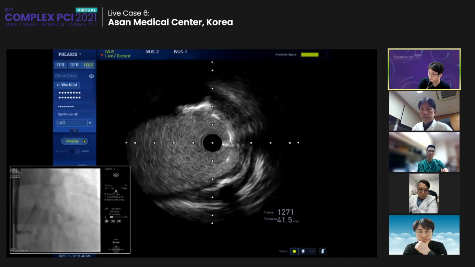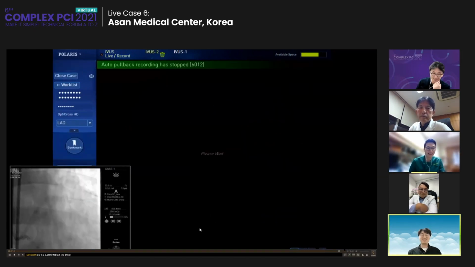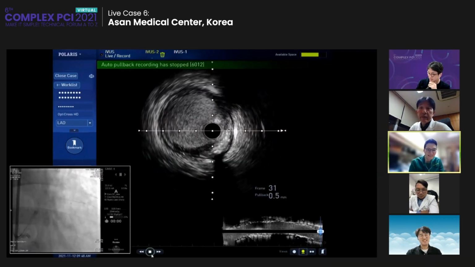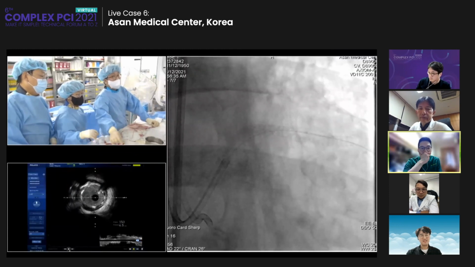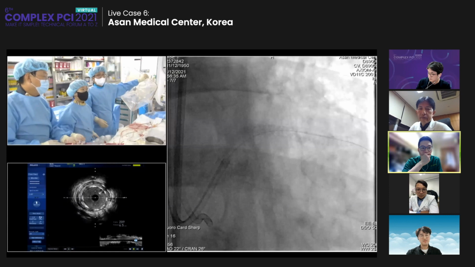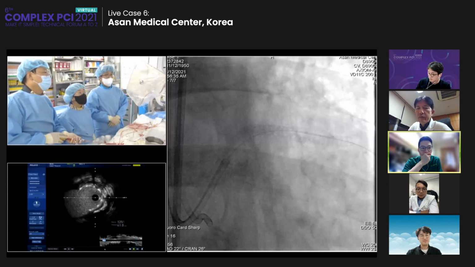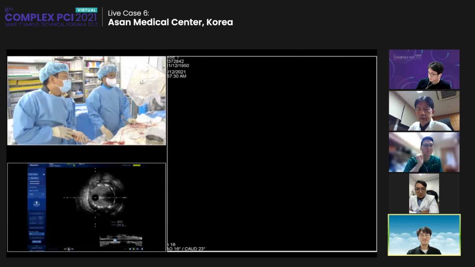Okay, now, wonderful position, very precise stenting. The stent is 1 or 2 millimeters outside the ostium of the LAD, which I expected to fully cover. Maybe it's perfectly located. Okay, maybe the final shot.